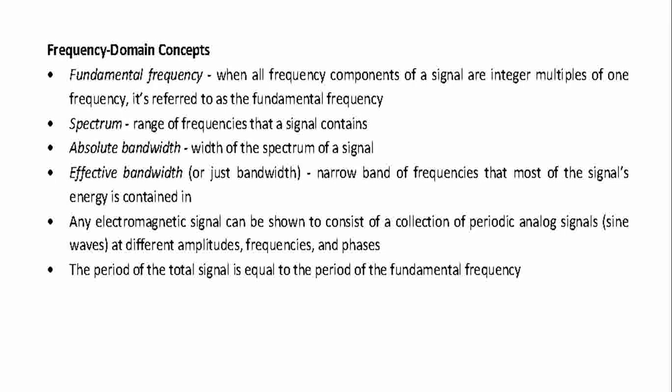So any electromagnetic signal can be shown to consist of a collection of periodic analog signals at different amplitudes and frequencies. So what does this mean? It simply means that we need to have a clear message, and if we increase the frequency and the energy, it means you actually have a good message transmitted.